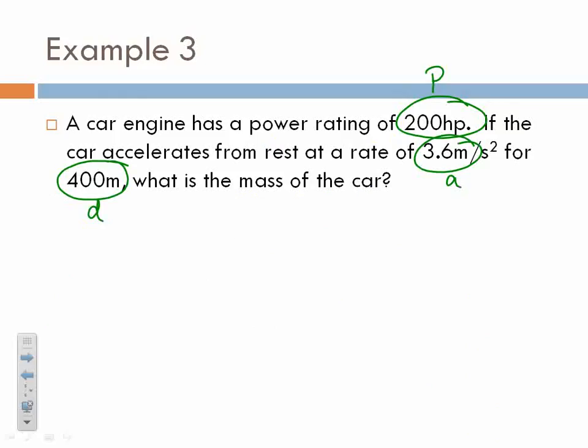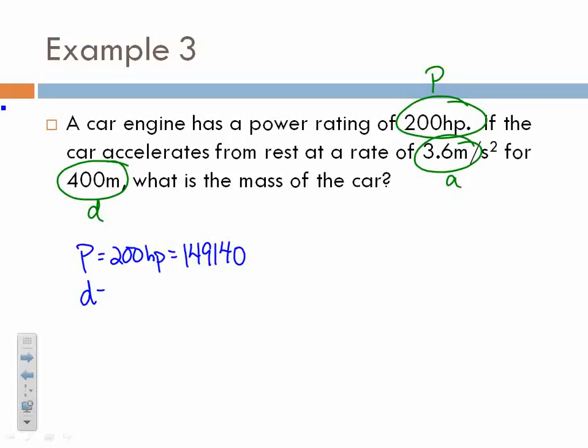This is cool. We have lots of stuff. So let's see what it is that we have and what we don't have. Power, 200 horsepower. If I convert this to watts, which I have to, I can't do this calculation otherwise, it's 149,140 watts.